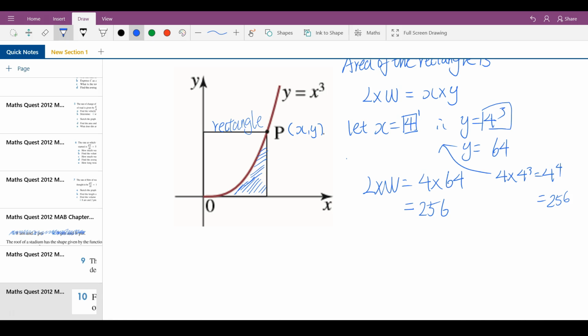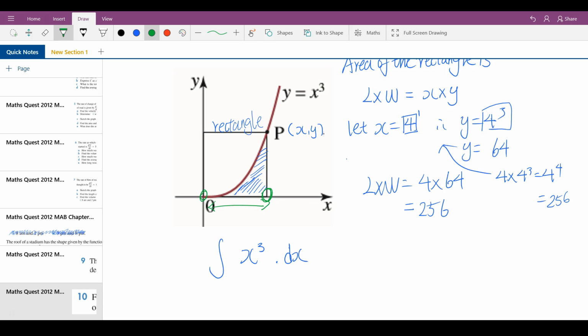So next we have to find the area under the curve. So we have to integrate x cubed, because that's the function, with respect to x. And this is a definite integral because we only want up to here. Let me use a red pen. We only want to find the area from 0 to here.